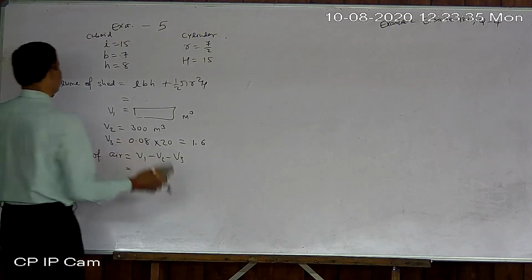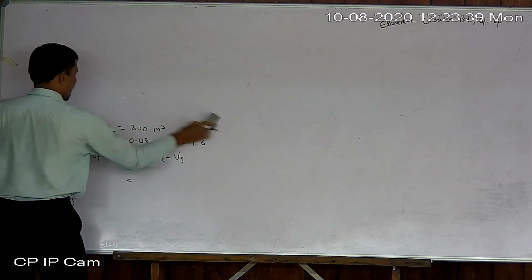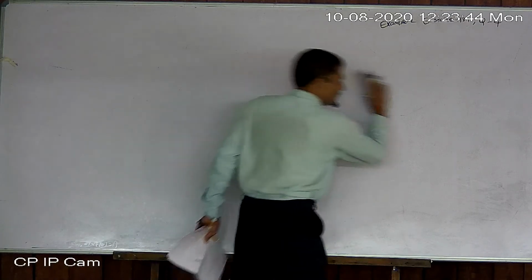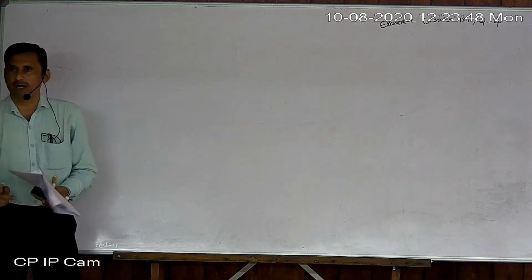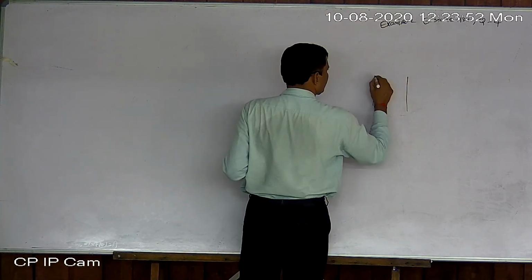In 6.1, you just look at the figure. Actually it is a cylinder, but in the cylinder, one hemispherical part is removed. So basically it is of this shape.